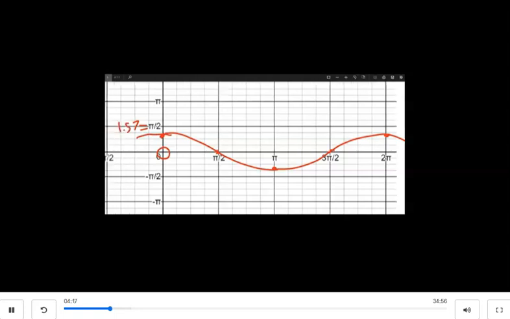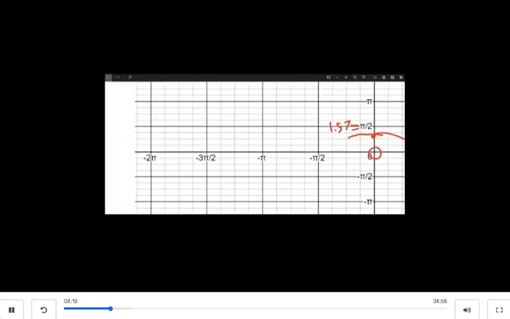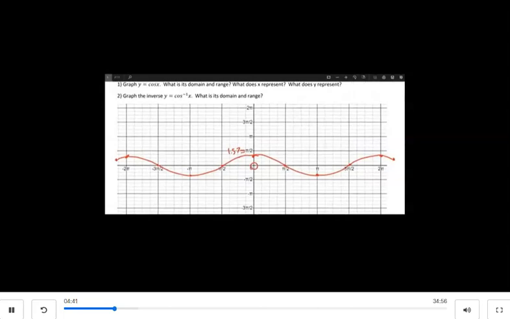All right, let's scoot over so we can get the rest of this drawn. So we know that 2 pi units later, it's going to be starting over, halfway in between, it's going to be down, and then we can find our x-intercepts. Okay, so there's our cosine function.